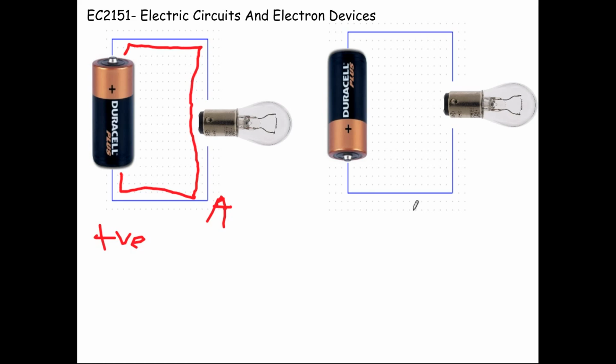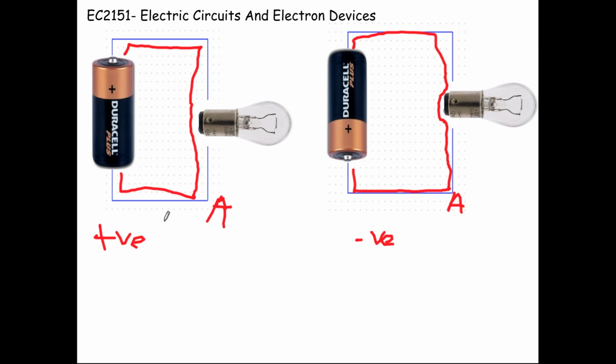If I consider the same circuit, where I have altered only the batteries, and this is the point A, here the current flows like this, and it leaves the point A, goes to the bulb, and then it reaches its negative. So here I will term the current as a negative value.